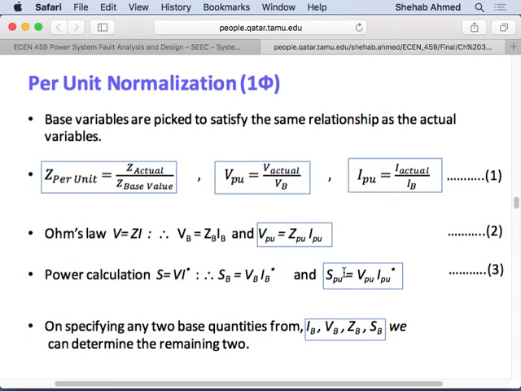Typically, we will choose a power base and a voltage base in any system. After choice of voltage and power bases, I can calculate my current base. From a current base and a voltage base, I can calculate my impedance base.